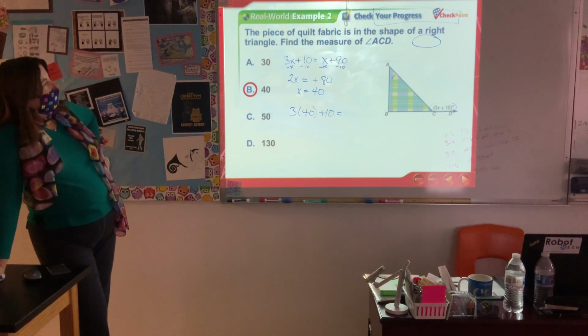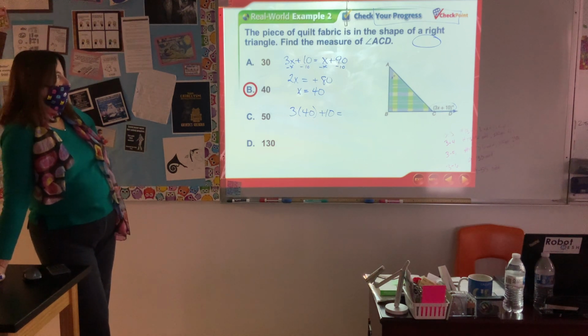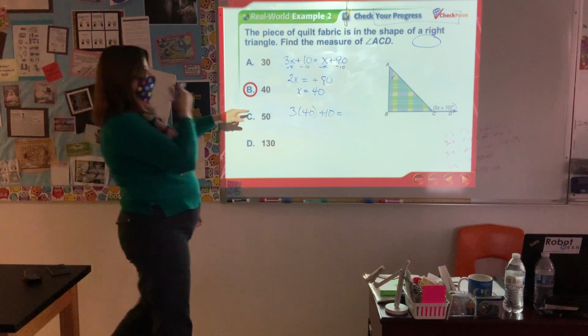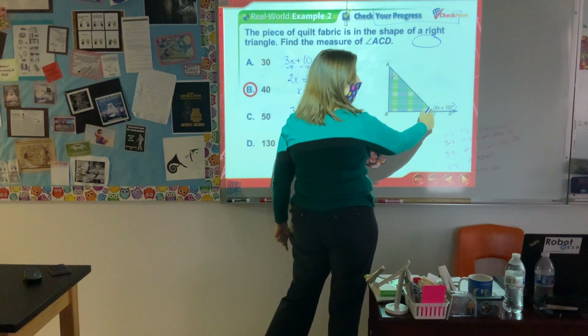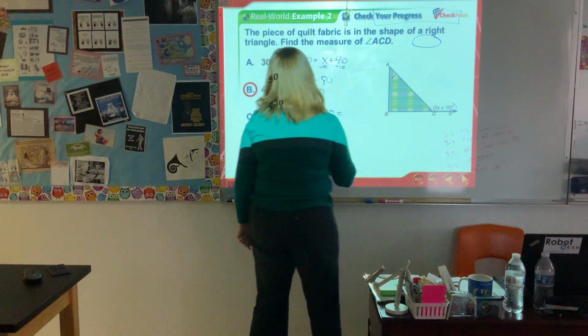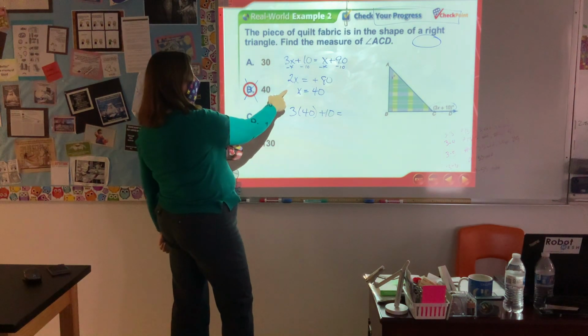I disagree. They pulled a student move. This angle certainly does not measure 40. That would be an acute angle. This is not correct. They didn't take that x.